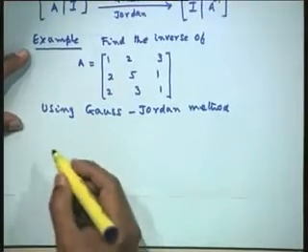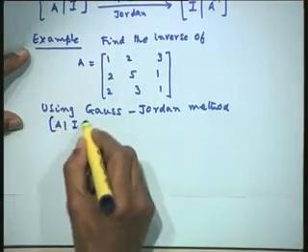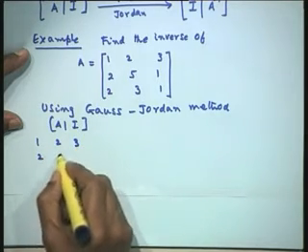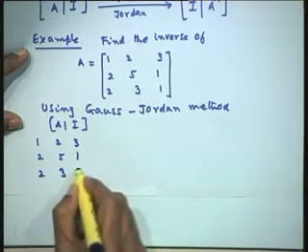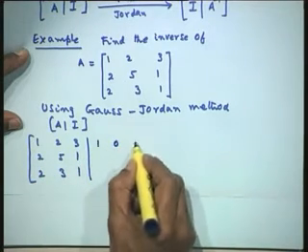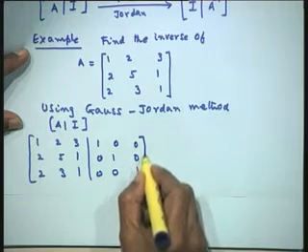Let us write down our first step, that is the augmented matrix A I. So, I will write down 1 2 3, 2 5 1, 2 3 1 and 1 0 0, 0 1 0, 0 0 1.